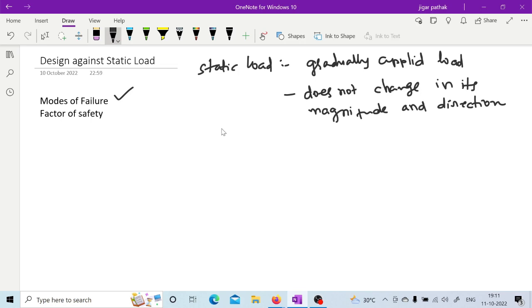If we discuss modes of failure, then before even that, you need to have an idea about ductile and brittle material.